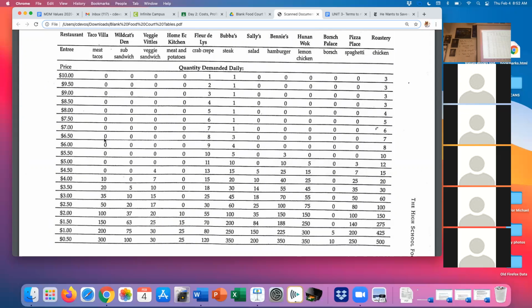It just gets a little confusing sometimes with all the tables and the figures. So even if you just want to highlight the column of the one that you're doing so you don't get them confused, that's okay. I just want you to understand the math work of this and to see the relationship. And we'll talk about that.